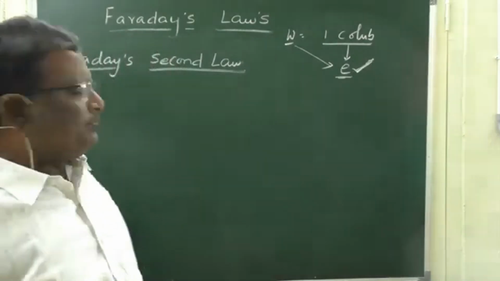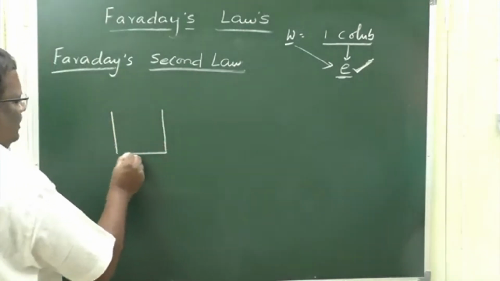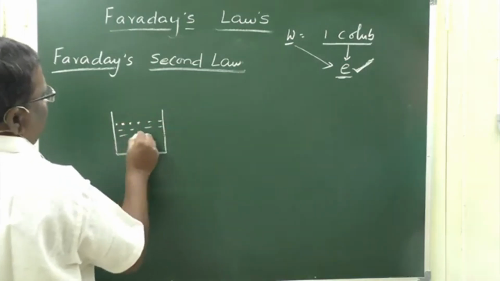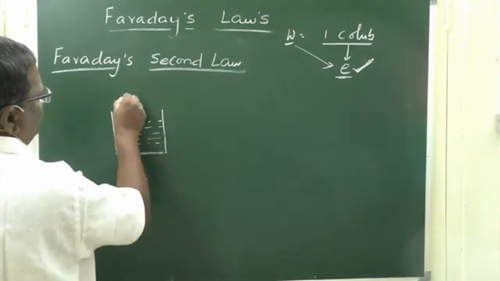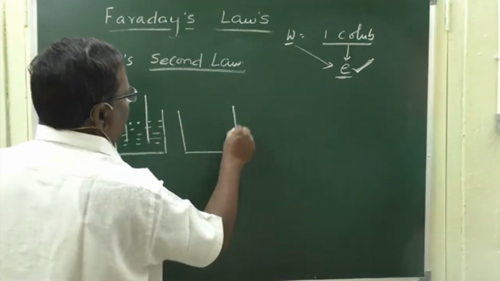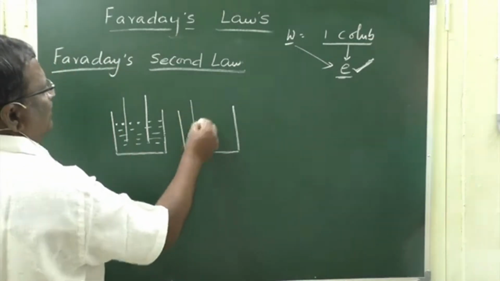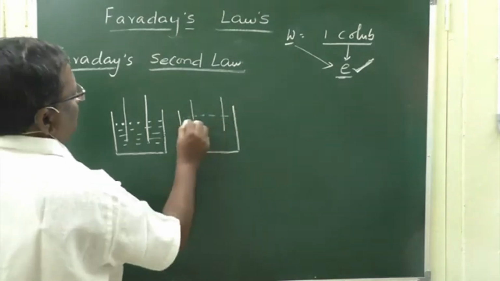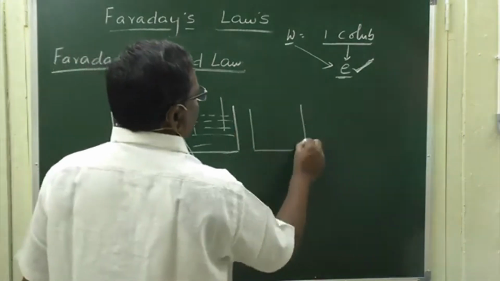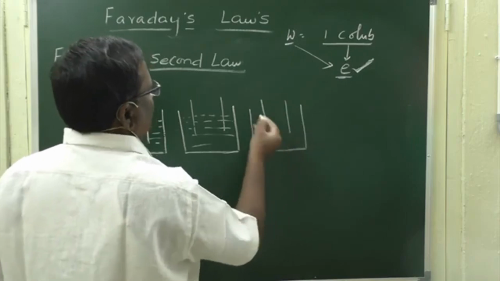Let us illustrate this. Now I am going to take an electrolytic cell which contains silver nitrate solution with silver or platinum electrodes, and I am taking another pot which is having acidulated water with platinum electrodes, and another vessel, here I am taking copper sulphate solution with copper electrodes.